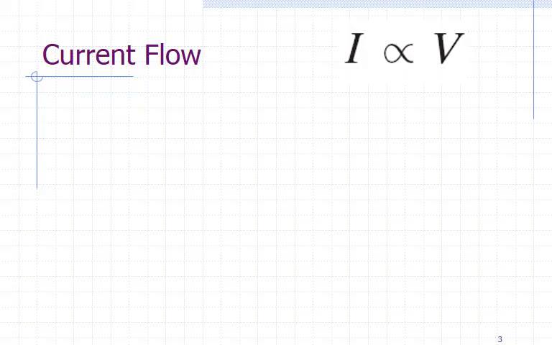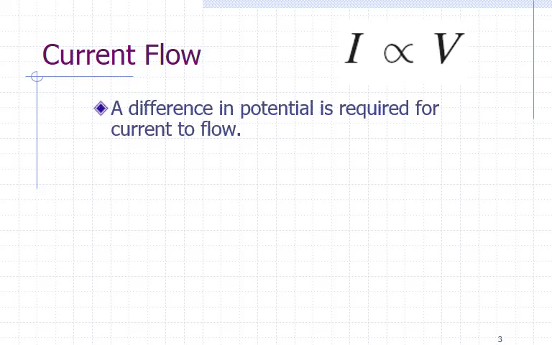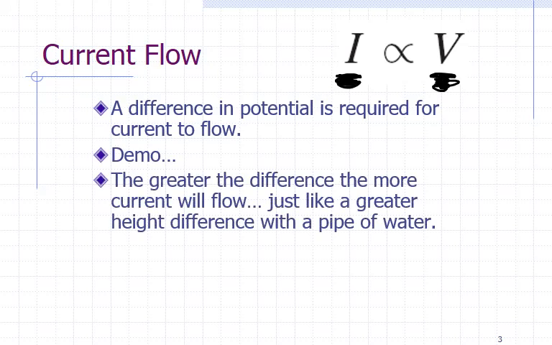With current flow, you have to have that potential for current to flow. The amount of current we have is directly proportional to how much voltage we have. If we have more voltage, we're going to have more current. The greater the potential difference, the greater the current will flow.